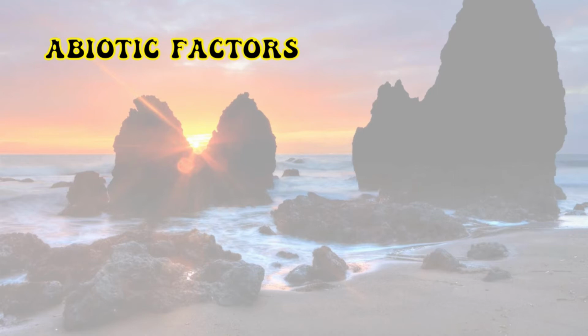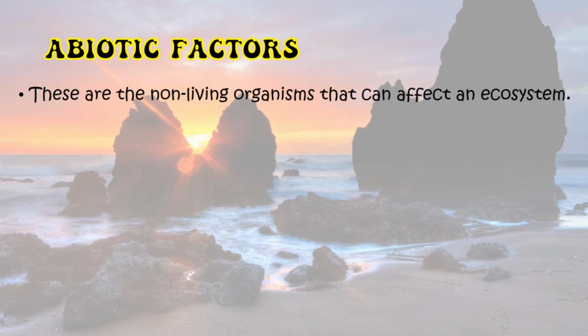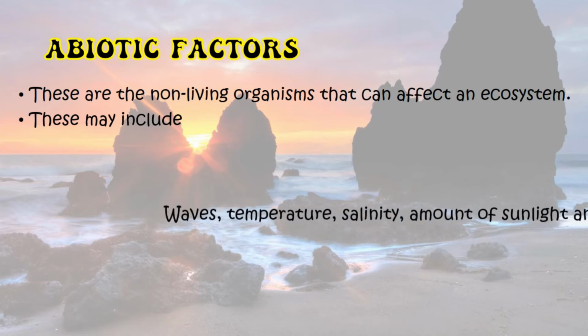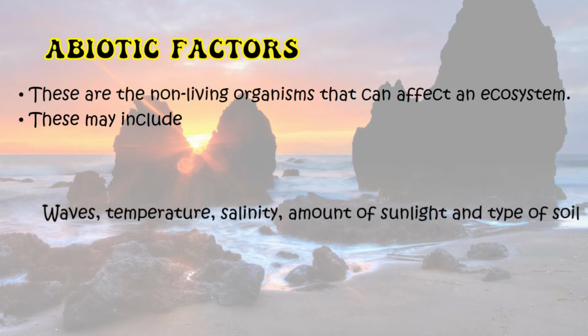Abiotic factors. These are the non-living things that can affect an ecosystem. This may include waves, temperature, salinity, amount of sunlight, and type of soil.